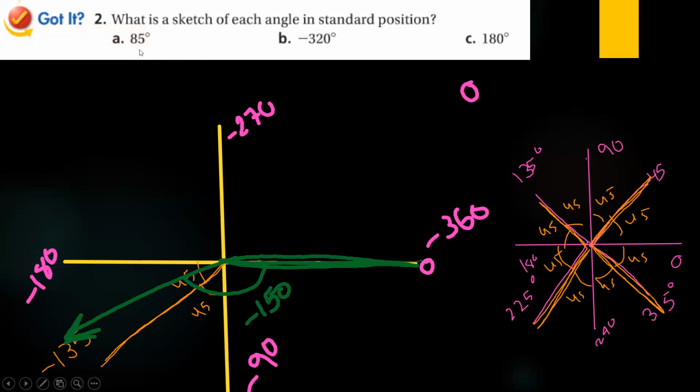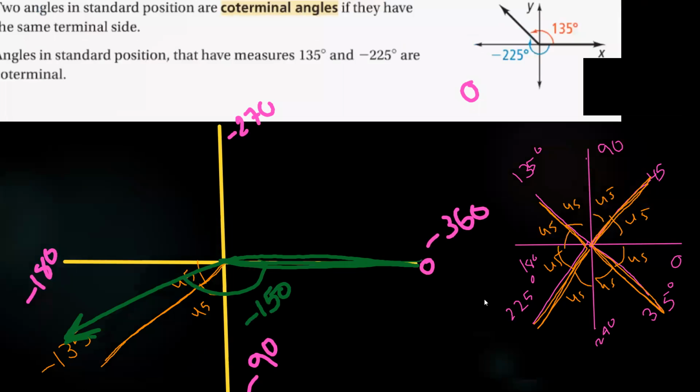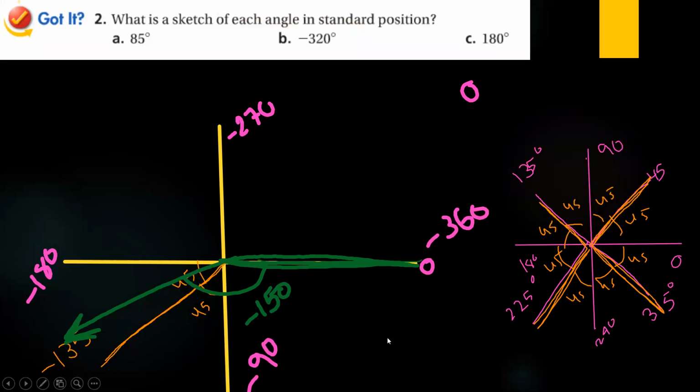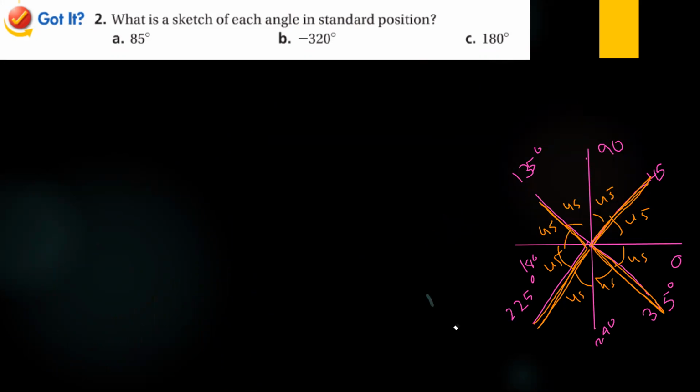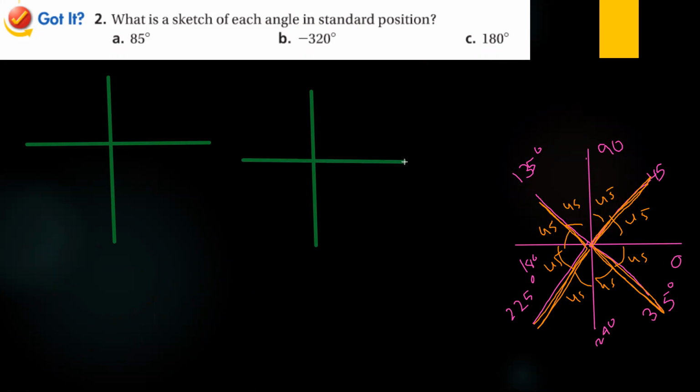Let's have now these examples here: 85, negative 320, and 180. Now, 85.